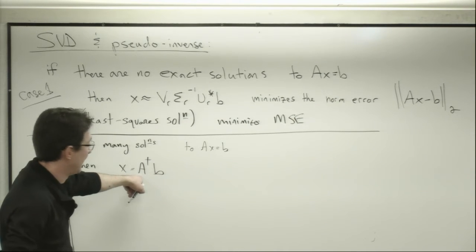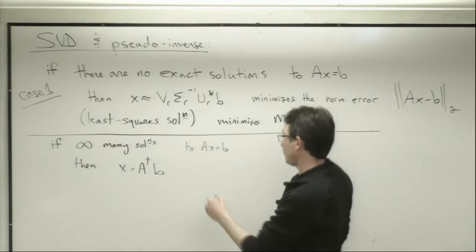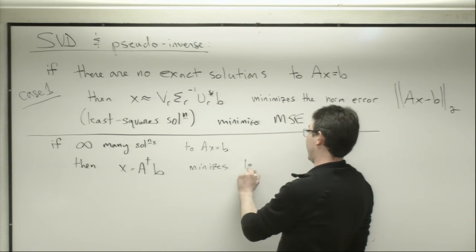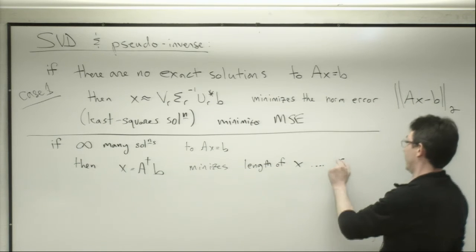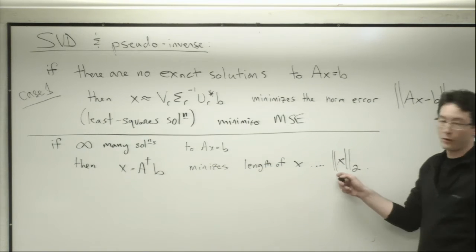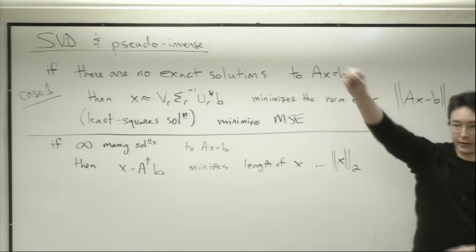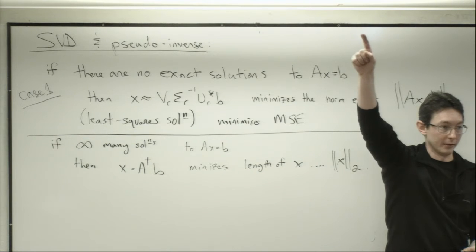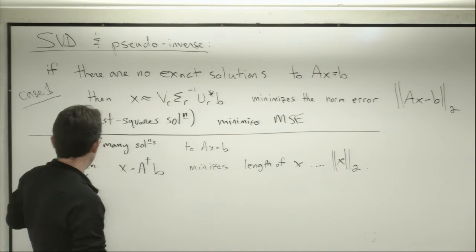So X equals A dagger B, the pseudo-inverse of A times B, minimizes the length of X, which is the 2 norm of X. The length of a 3 vector is the square root of x squared plus y squared plus z squared. That's what this 2 norm does. It minimizes the length of my vector x. And so this is called a minimum norm solution.